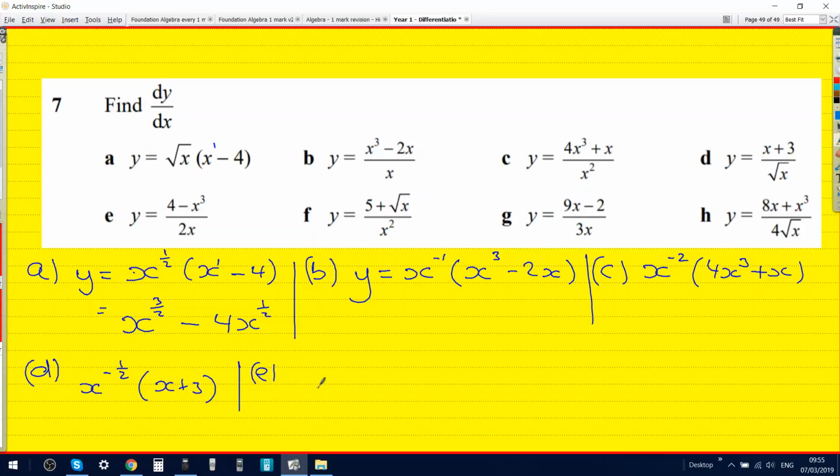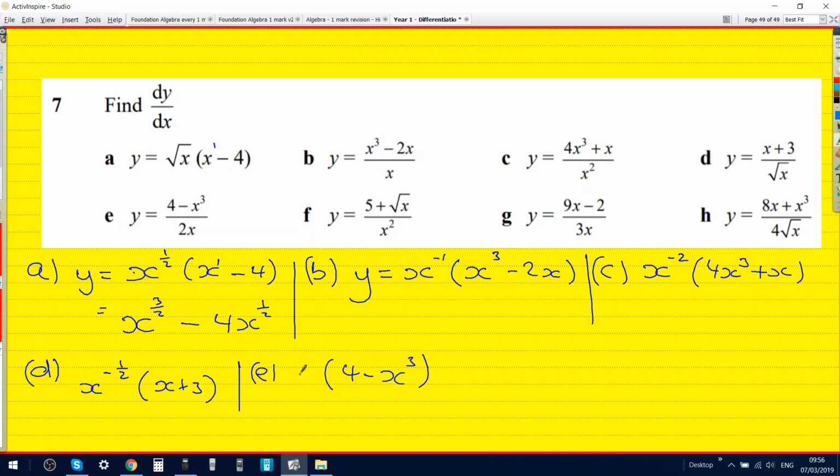Okay, so now this next one you're going to get wrong. E. Is that x over 2? It is. Don't forget, if x is on the bottom, what does it become when it's on the top? Minus 1. Yes.